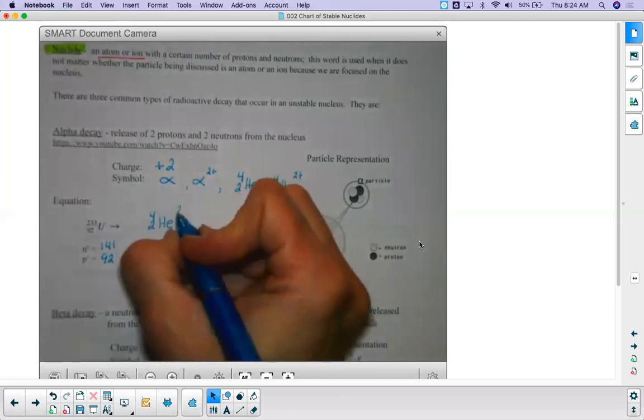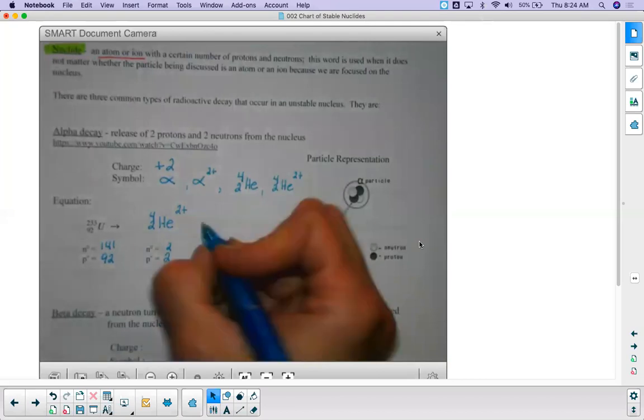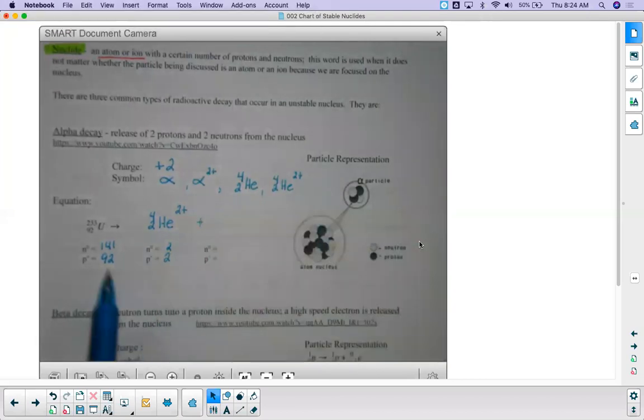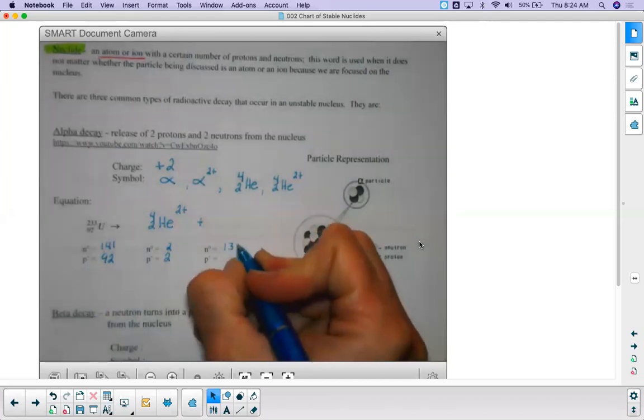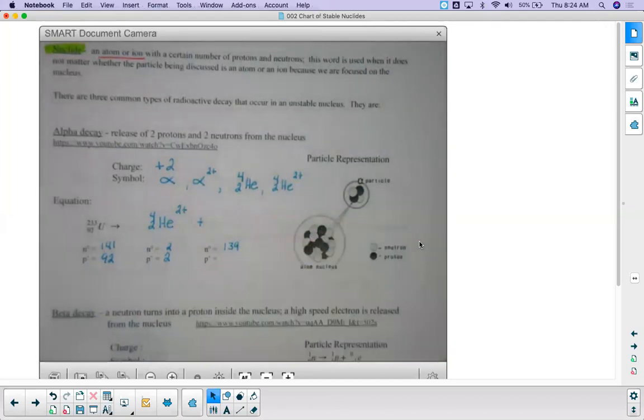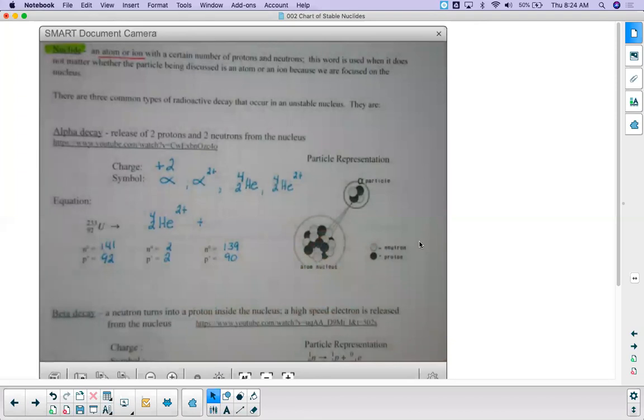We'll go ahead and put the +2 in for now, just to represent that no electrons went with it, because the fact that it doesn't have those electrons is going to be a problem eventually. If I had 141 neutrons and 2 neutrons came out, that means that I'm down to 139 neutrons left inside. And if I had 92 protons and I lost 2, I'm down to 90 inside of there.